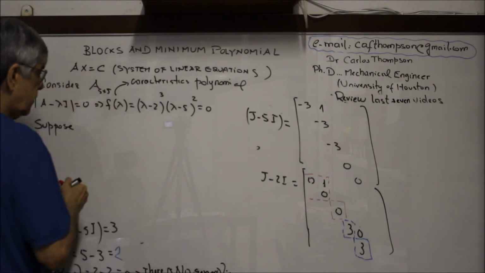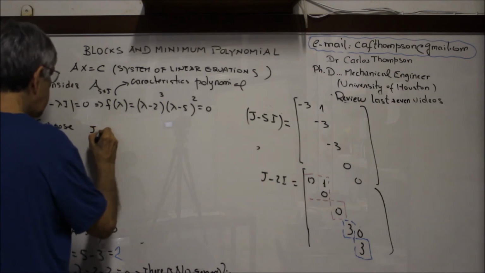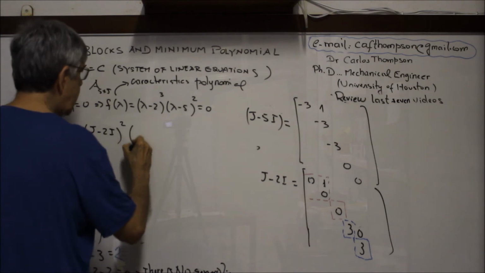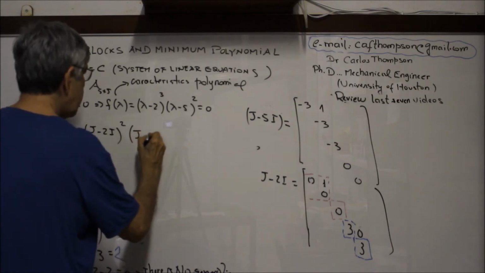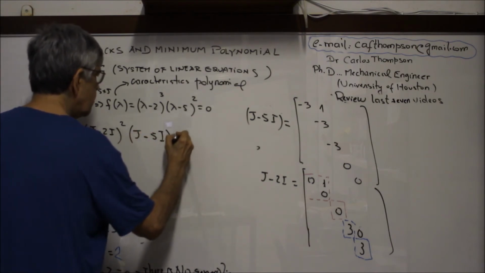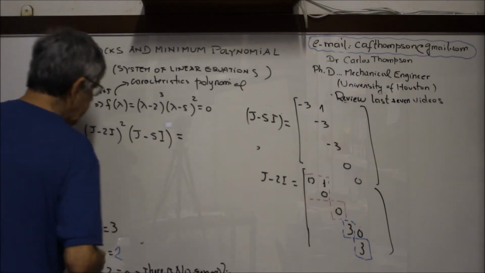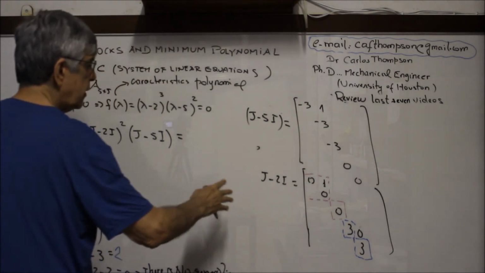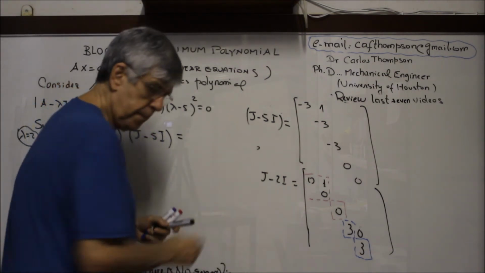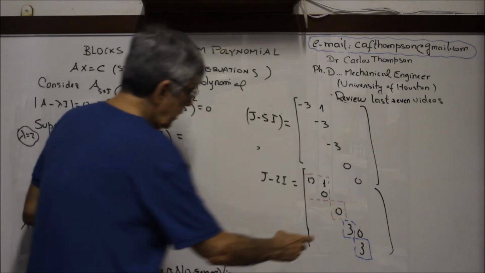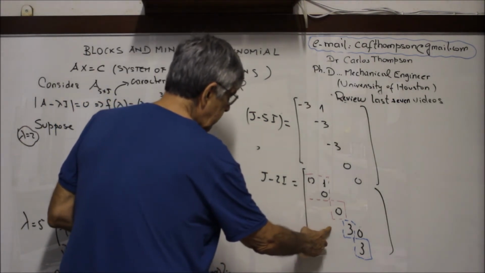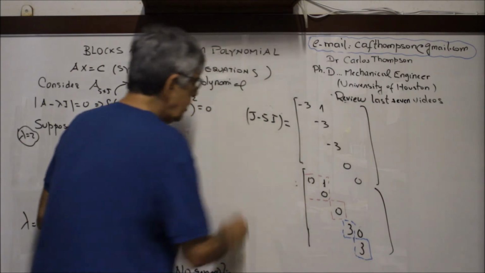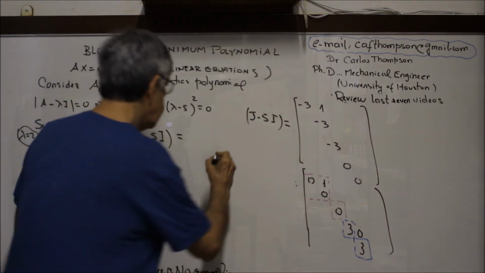J minus 2I squared times J minus 5I. Suppose I want to know this. Now, what is J minus 2I squared? I multiply this J minus 2I by J minus 2I.